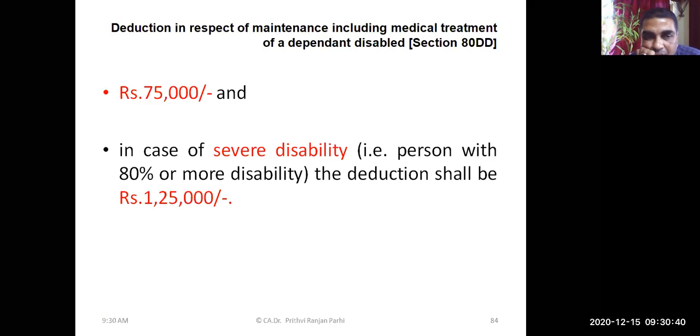Yes, sir. Okay. Now, the next section I am going to cover is 80DD. 80DD is for dependent disabled in respect of maintenance, including medical treatment of a dependent disabled. So this section we will cover very briefly. How much is allowed? 75,000. And in case the disability is severe in nature, meaning the person has 80% or more disability, the deduction shall be 1,25,000.